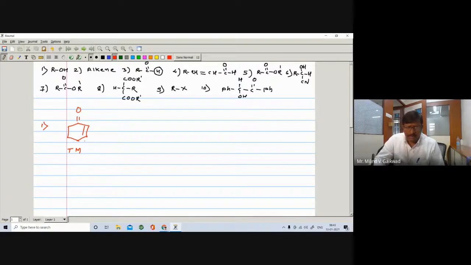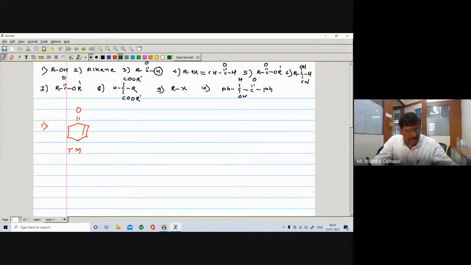So can anyone tell me what is the type of this TM, 1 to 10? Target molecule. Is it alcohol, alkene, aldehyde or ketone, alpha beta unsaturated aldehyde, or anything other?